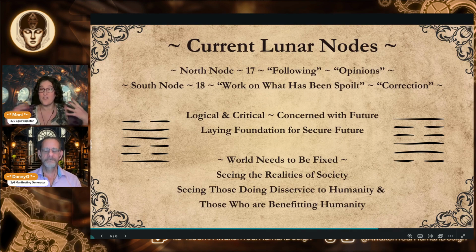And so we're seeing a world where the world needs to be fixed, and it's seeing the realities of society, because you have to know what's really going on in order to have ideas to fix it. And this was really interesting in Ra's Lunar Nodes, the environment book: it said for 17 and 18 that it's being in an environment where we're seeing that there are people who are doing a disservice to humanity and those who are trying to benefit humanity.